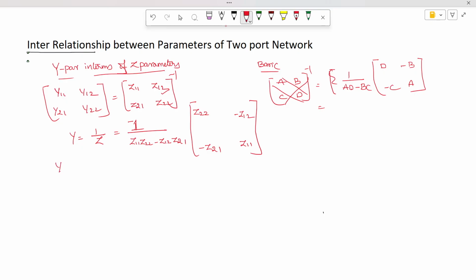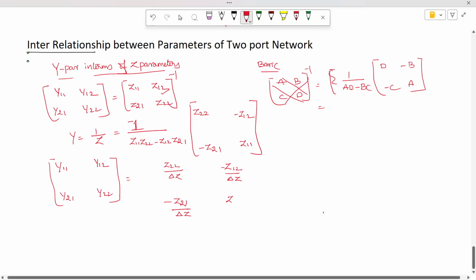Okay, so therefore y11, y12, y21 as well as y22. This is nothing but the y matrix, which you will get as z22 divided by delta z, minus z12 divided by delta z, minus z21 divided by delta z, z11 divided by delta z.